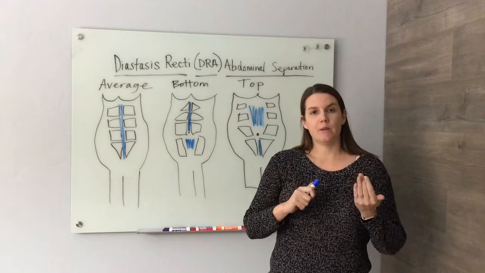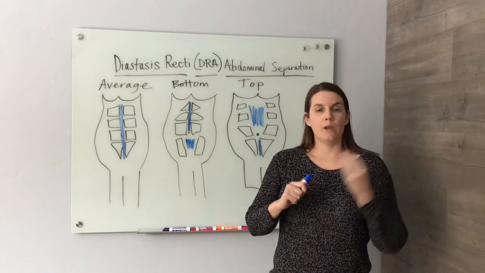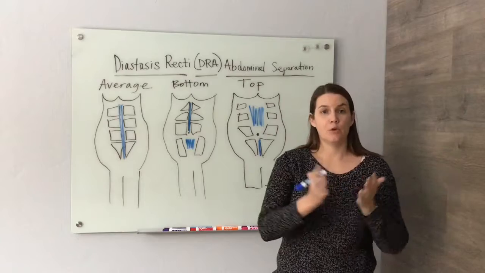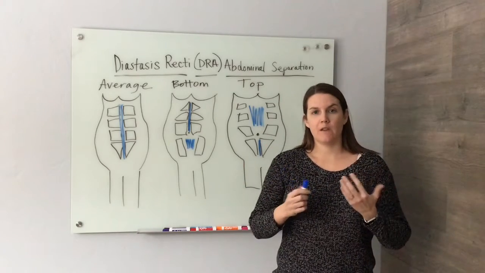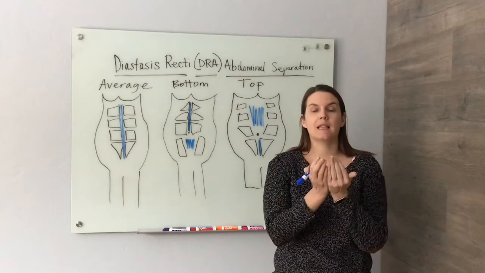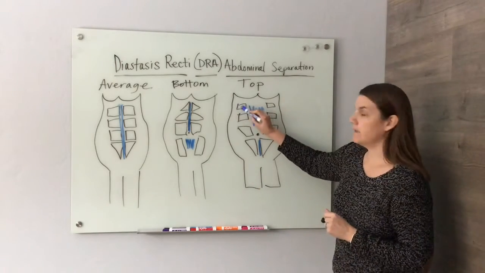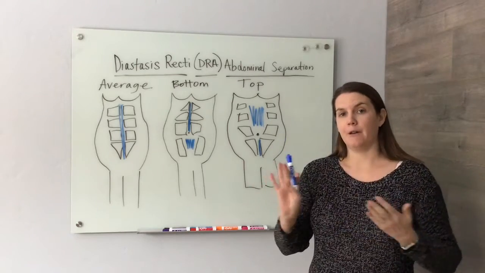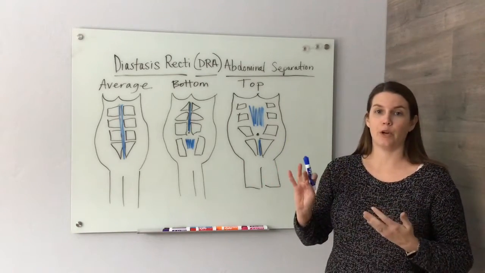Now, one thing I do want to make sure that you know is that with a diastasis or an abdominal separation, we have not torn your muscle. When you say an abdominal separation, people think that you actually mean that one of these little muscles has separated, and that's not what we're talking about. Your muscles have not torn.